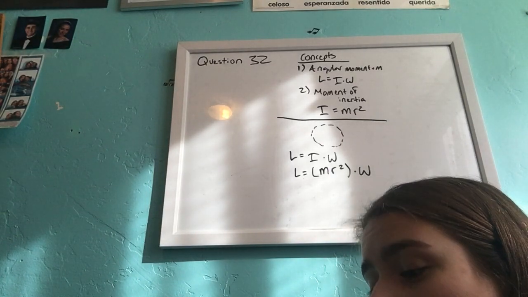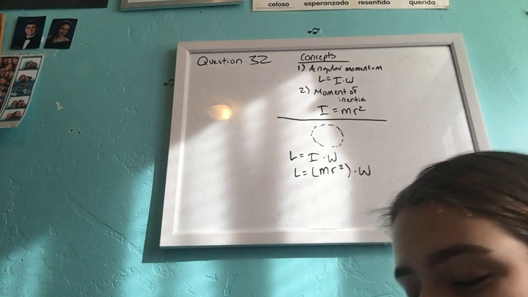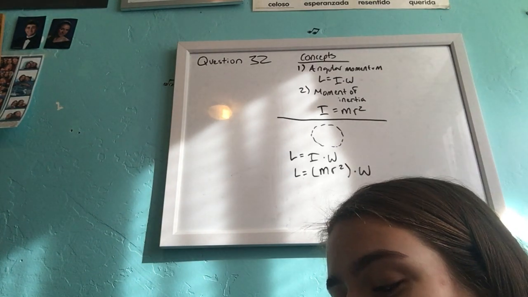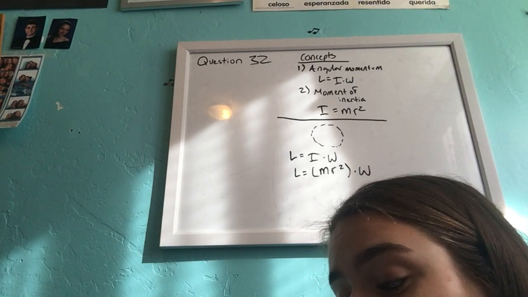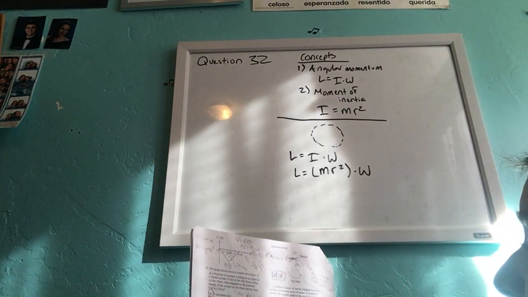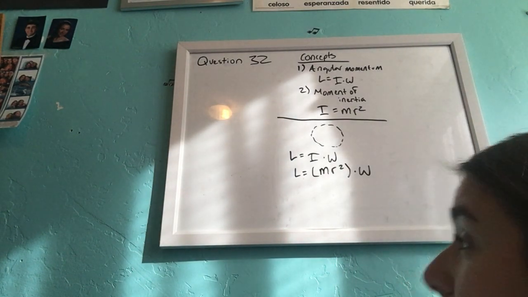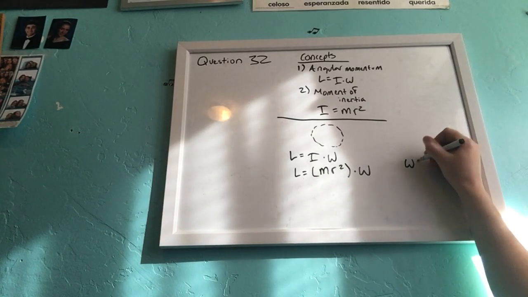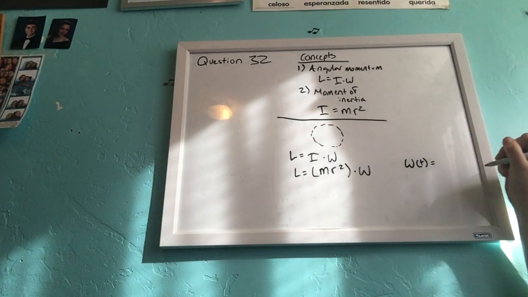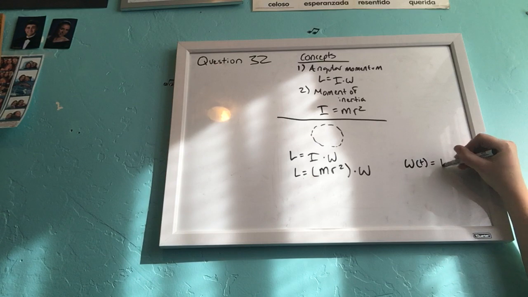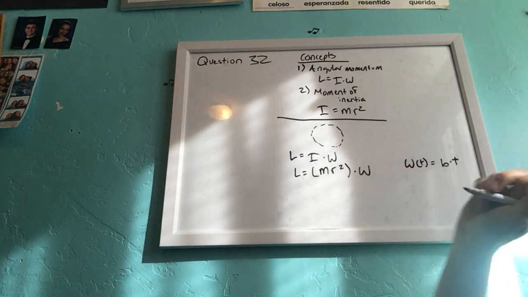And in the overview for this problem, it says the angular speed of the particle is given as a function of time t by angular velocity equal to b times t.